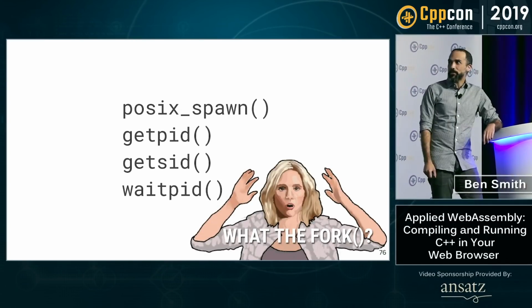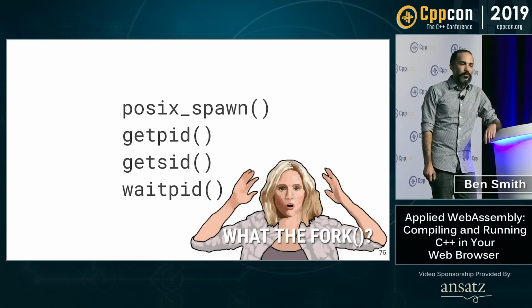And then finally, everyone's favorite, the lovely process functions. So things like posix_spawn and getpid and getsid and waitpid, all that stuff. Yeah, that's more stuff that is only necessary if you run the compiler as a driver.